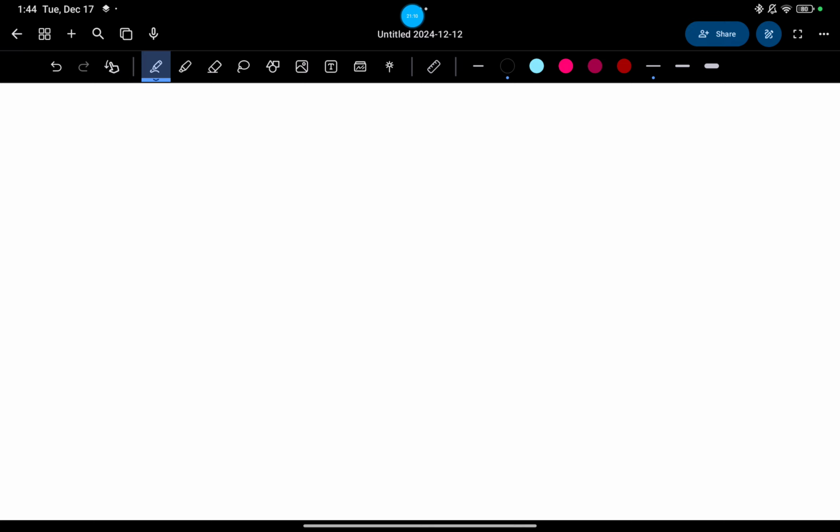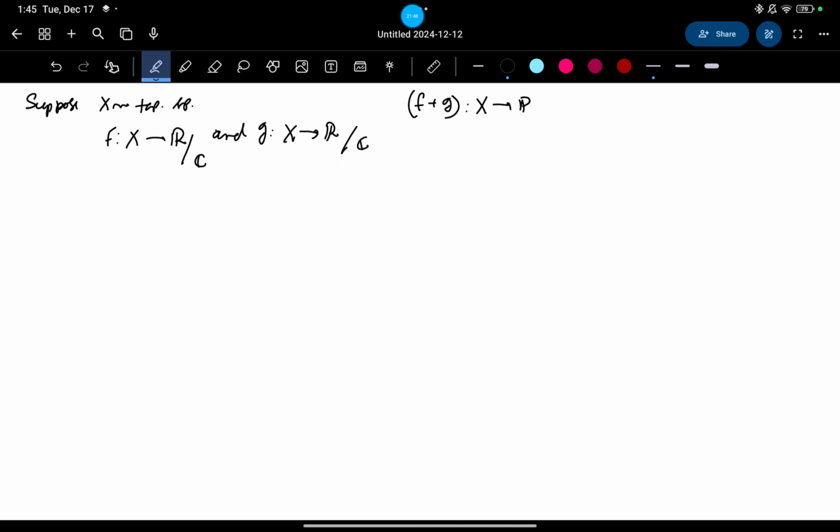Okay, suppose X is a topological space and we consider a real-valued function from X to R, and we of course induce the normal Euclidean topology on R. Let f be this, and g be a function from X to R, or we can define it to C as well, whatever, R or C. Then we can always define the addition of two functions f and g such that (f + g)(x) equals f(x) plus g(x).